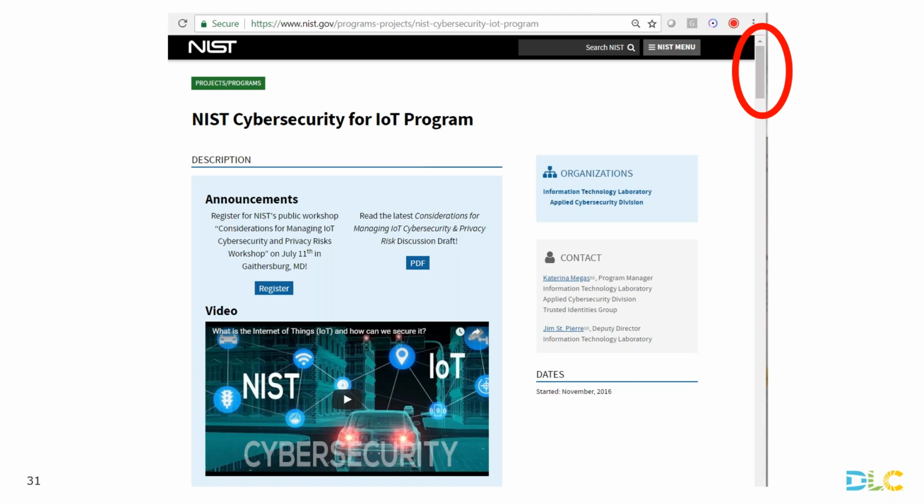And finally, the NIST Cybersecurity for IoT program is a vast network of interrelated documents with many guidelines for what to do about cybersecurity. Even on this main web page here, I could have scrolled down and seen lots and lots more stuff.